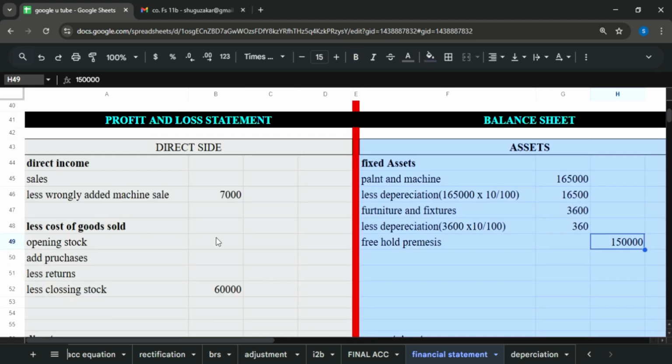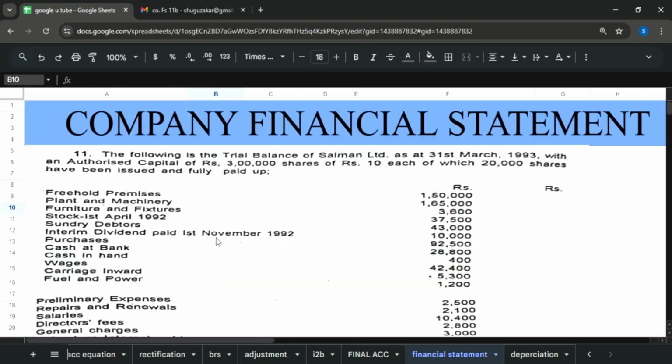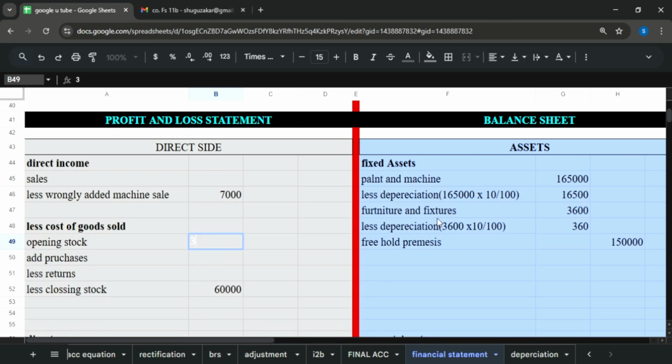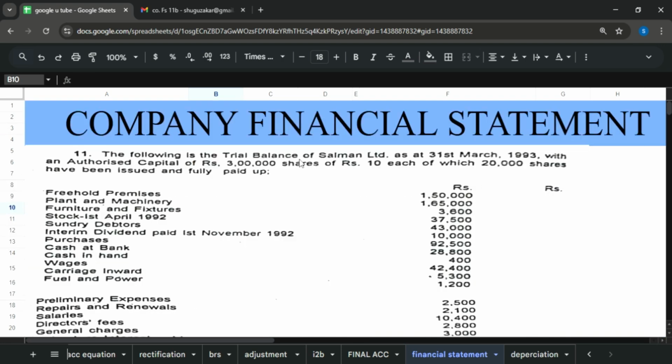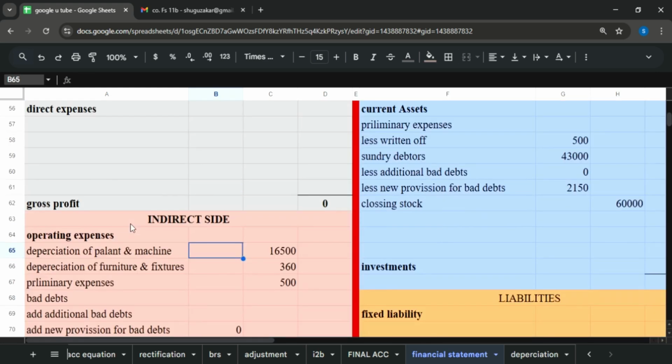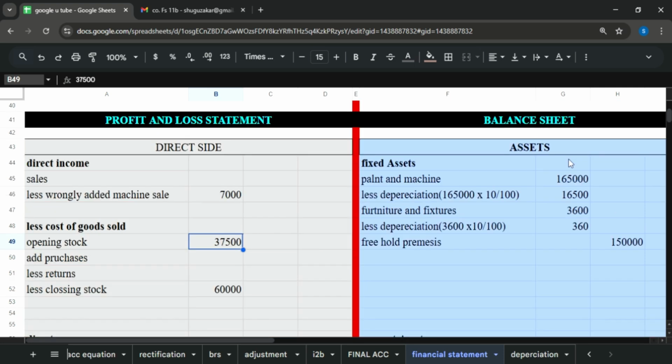The place is already reserved in the cost of goods sold statement, and the opening stock is 37,500. So on the direct side you will mention opening stock. After that we have sundry debtors 43,000. Those are already written on the current asset side.